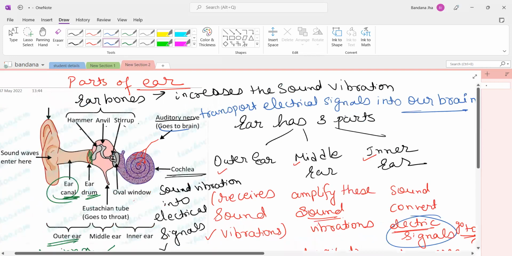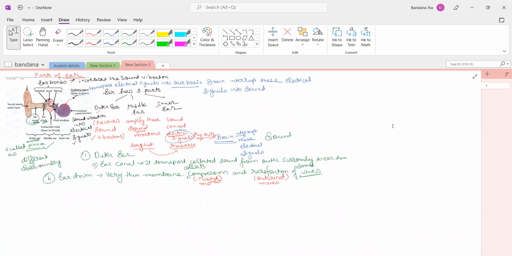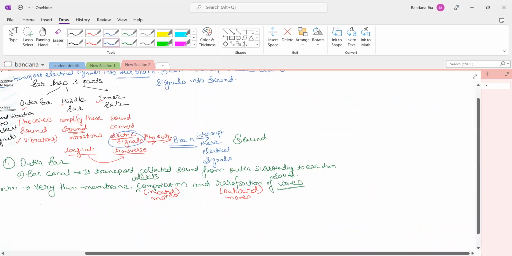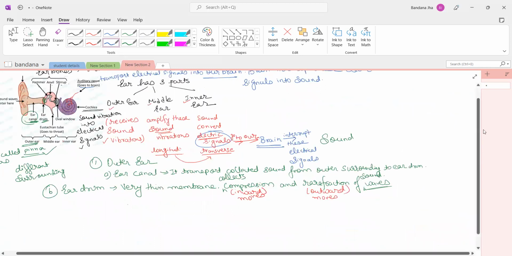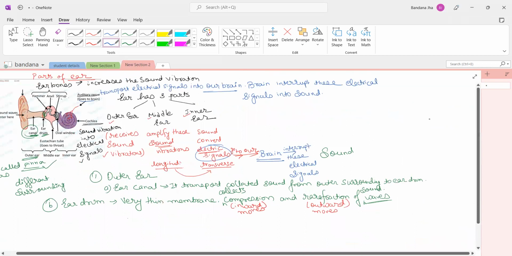The ear has 3 parts: your outer ear, middle ear, and inner ear. The outer ear does what? The outer ear receives the sound vibrations. The middle ear amplifies these sound vibrations. These sound vibrations are a longitudinal wave.